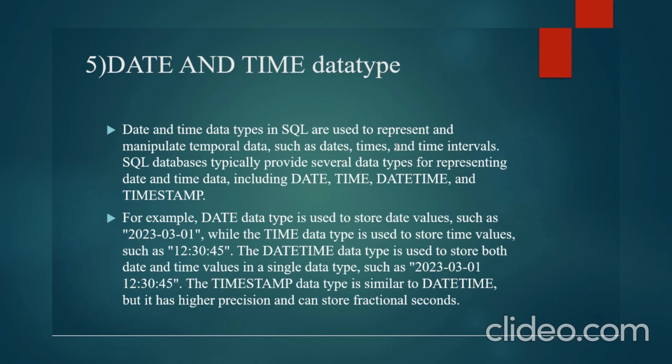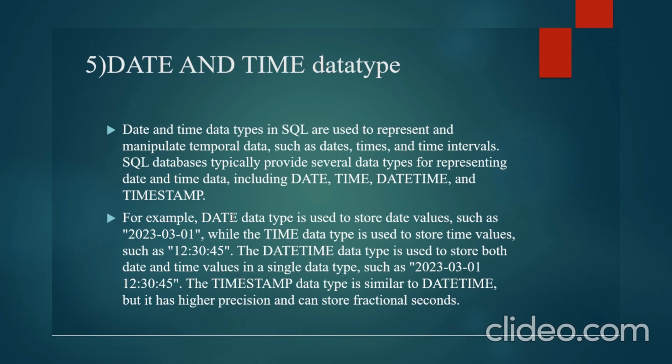And the datetime data type stores both date and time. The timestamp data type is similar to the datetime data type, but the difference is that it can store fractional data also. Now in this example, the date data type is 2023-03-01, which indicates the year, 03 indicates the month, and 01 indicates the day.